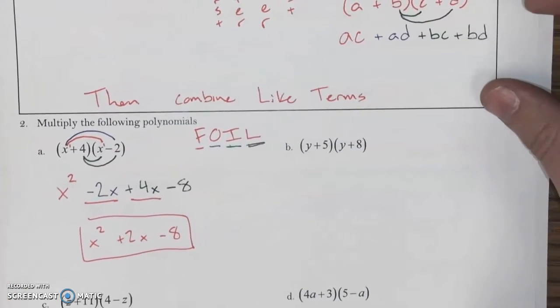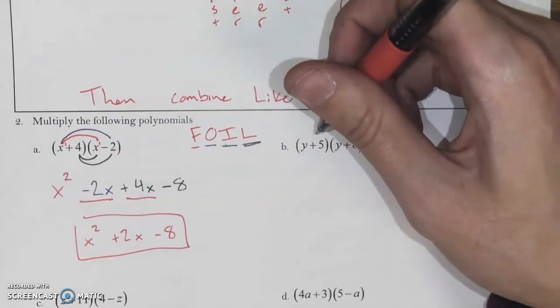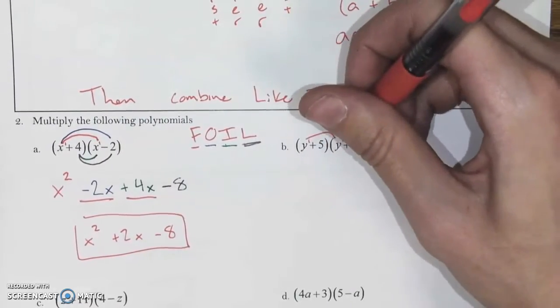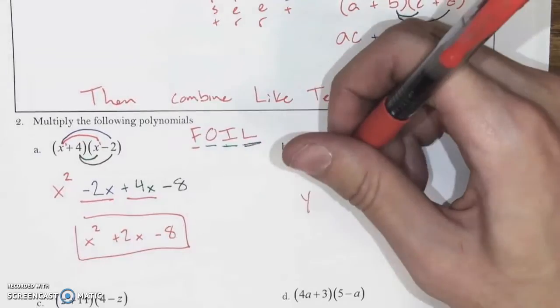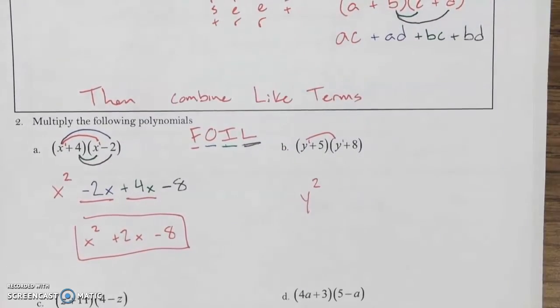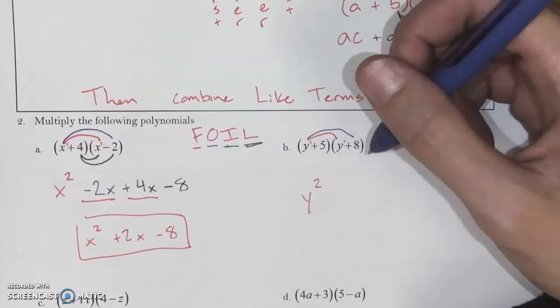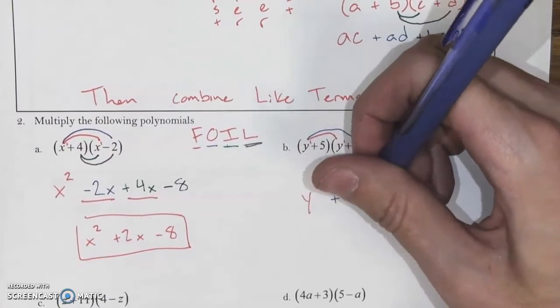Let's try another. Let's use the FOIL method. So we have first, y to the 1 times y to the 1 is y to the 1 plus 1, or y squared. Outer, y times 8 is a positive 8y.